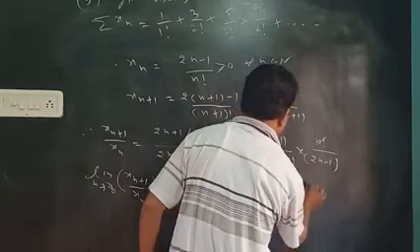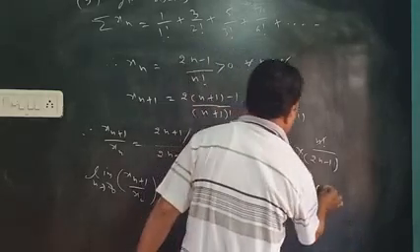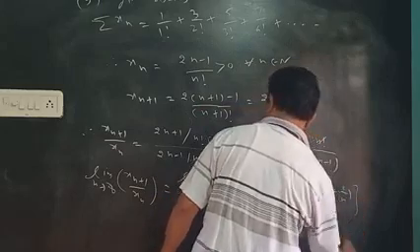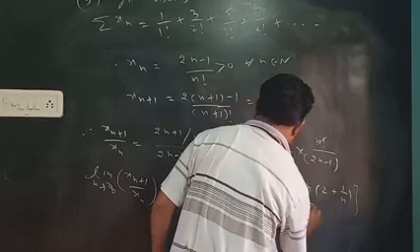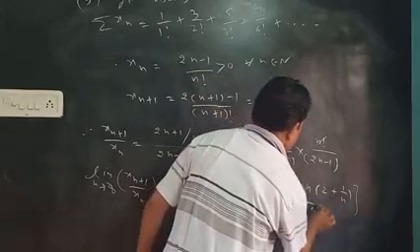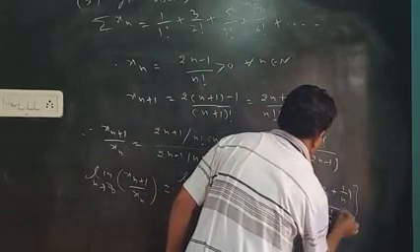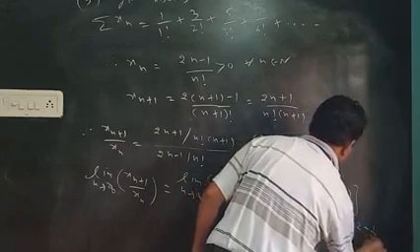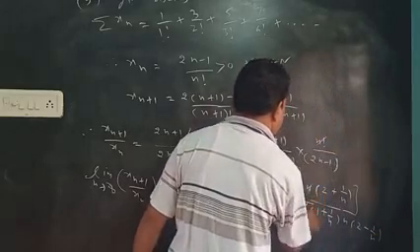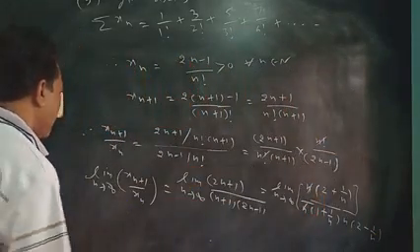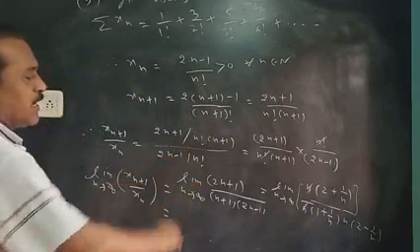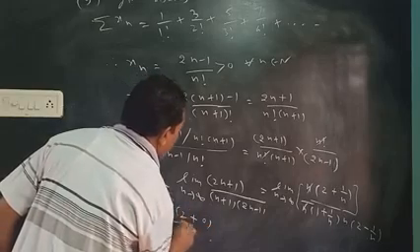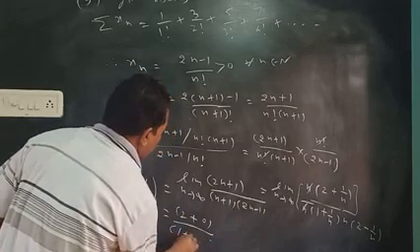From here the highest power is n common. So 2 plus 1 by n. Also here common n, 1 plus 1 by n. Also here n common, 2 minus 1 by n. So one n cancels, one n extra remains. Now apply n tends to infinity: 2 plus 0, 1 plus 0.